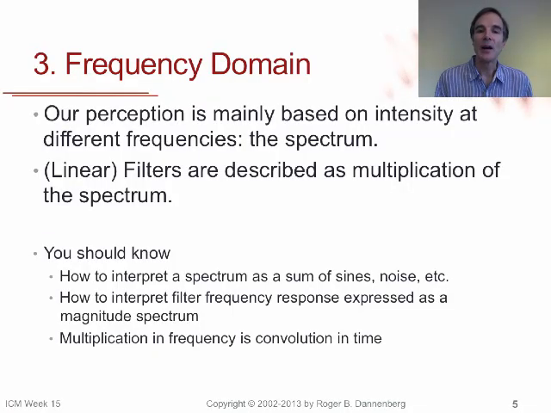You should know how to interpret filter frequency response expressed as a magnitude spectrum. And you should know that multiplication in the frequency domain is convolution in the time domain. Similarly, multiplication in the time domain is convolution in the frequency domain.